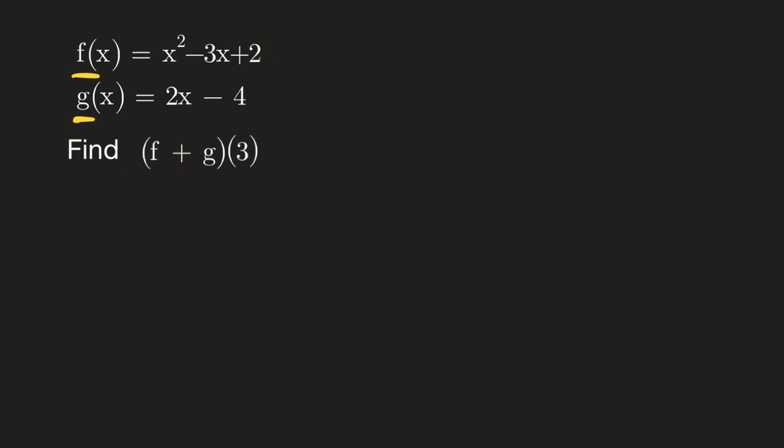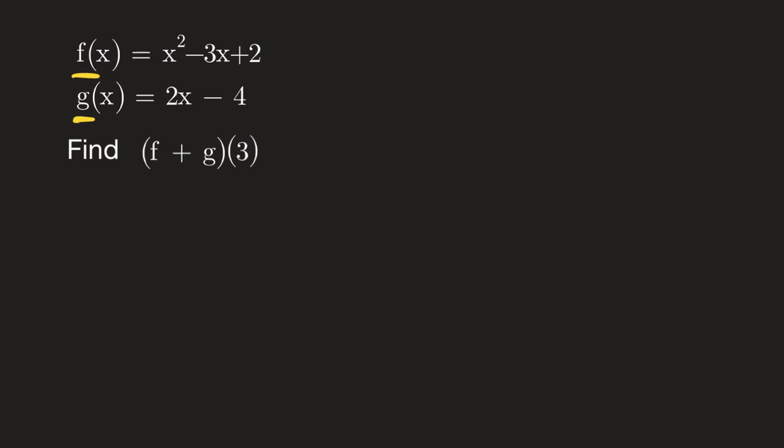Up there we've got one function labeled f, hence f of x, and another function named g of x. That's how we're going to distinguish between the two functions. F of x is x squared minus 3x plus 2. G of x is equal to 2x minus 4.